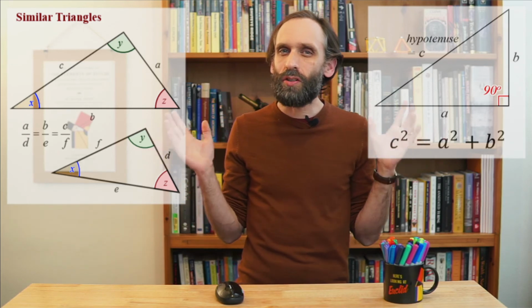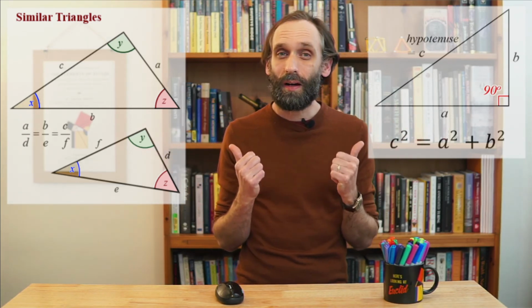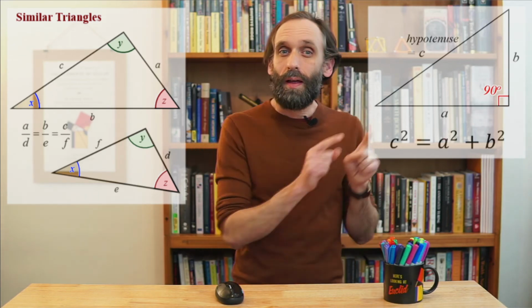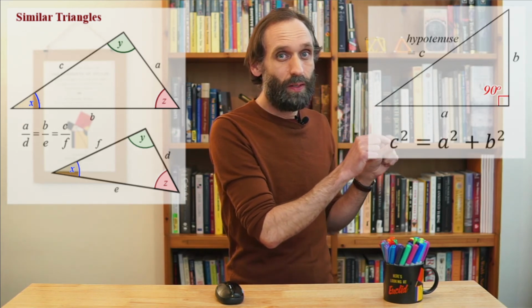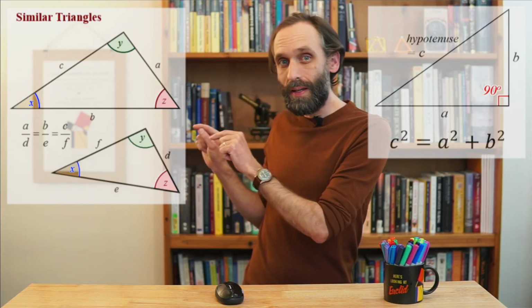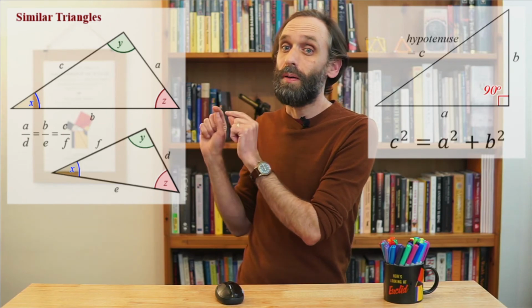So they feel like two different things, but logically they are equivalent. That means that if this is true, then this and everything that follows from this must be true. And if the Pythagorean theorem is true, then this and everything that follows from this must also be true.